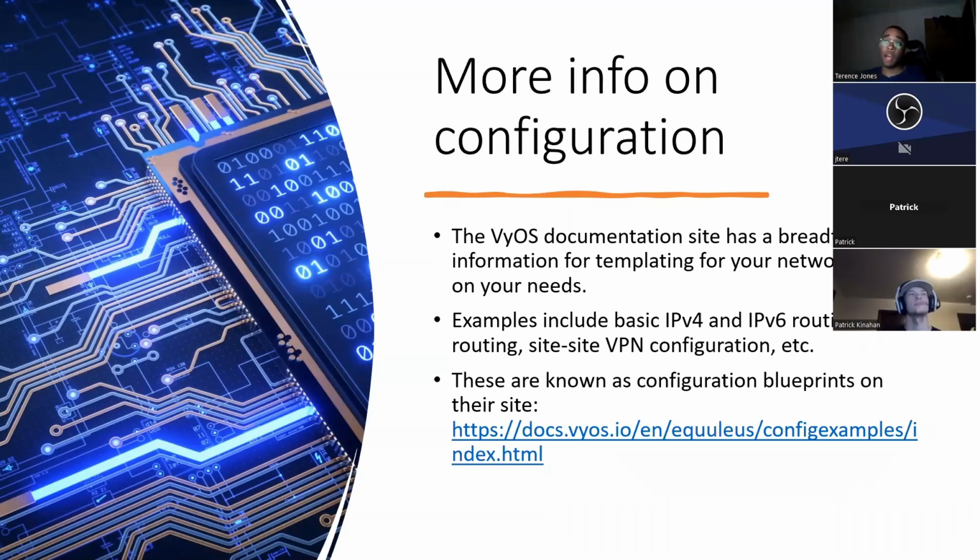Some examples are IPv4 routing, open shortest path first routing, and also setting up VPNs on your network. And these are known as, instead of templates, configuration blueprints. So that link that you see right there is the link to see some of those configuration blueprints. And that way someone can see which one plays best to their needs, or if they're just curious to see how to implement it for themselves, just do some testing.